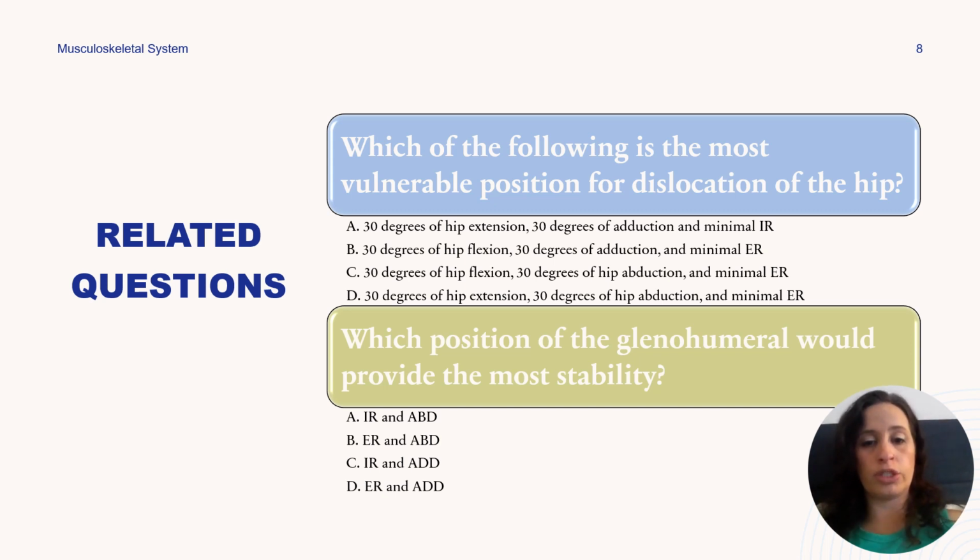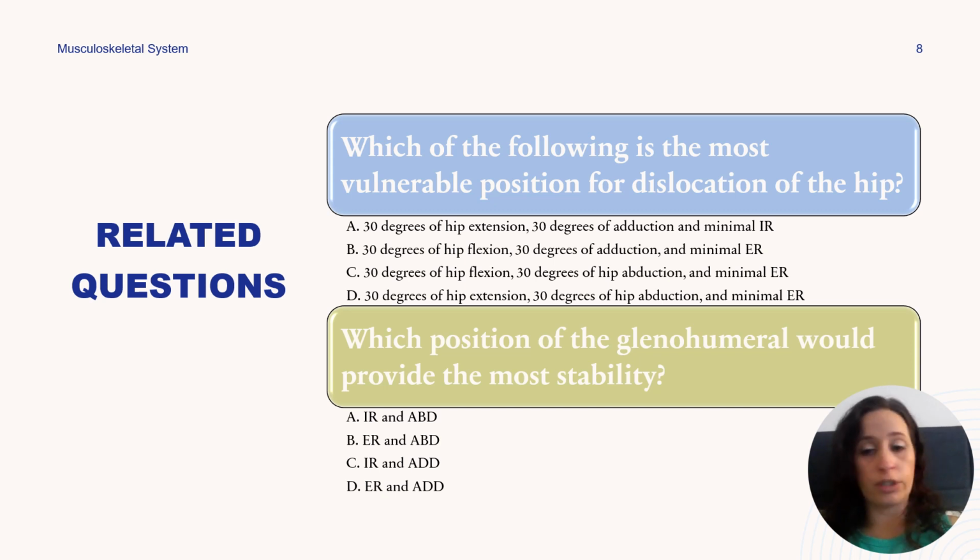First question, which is the most vulnerable position for dislocation of the hip? Vulnerable, dislocation, those keywords are going to tell me I'm looking for a loose pack or open pack position of the hip, which again, you may have to refresh, look back at these options and see which one you think. And sometimes it helps if you really don't remember to kind of feel it, or try it if you have the ability.